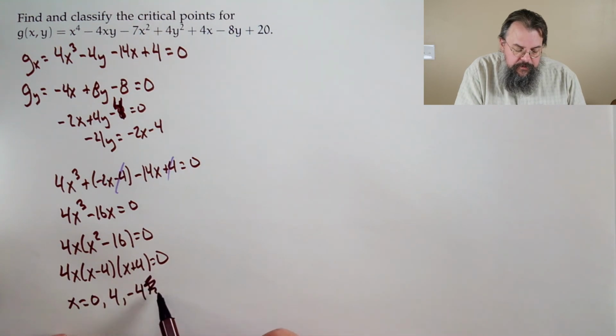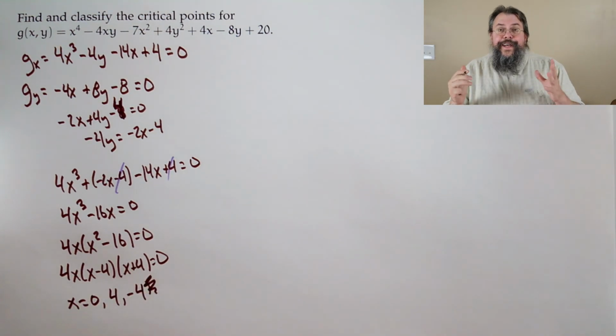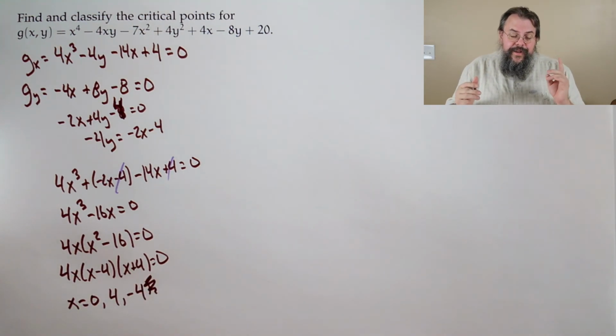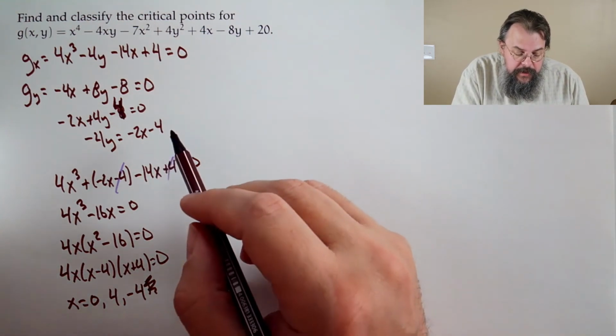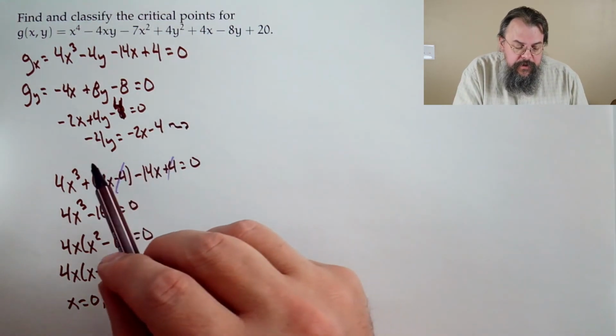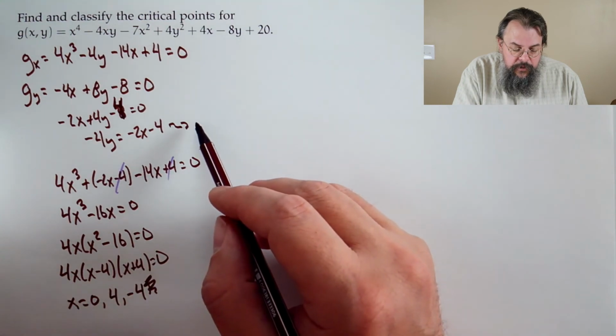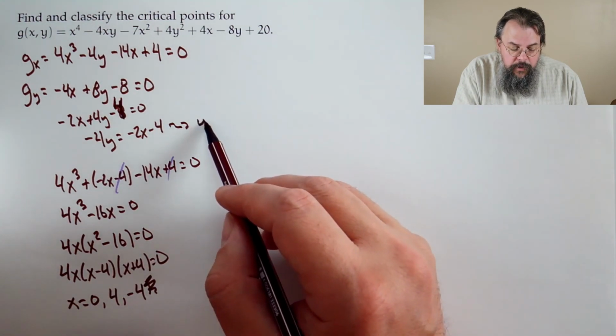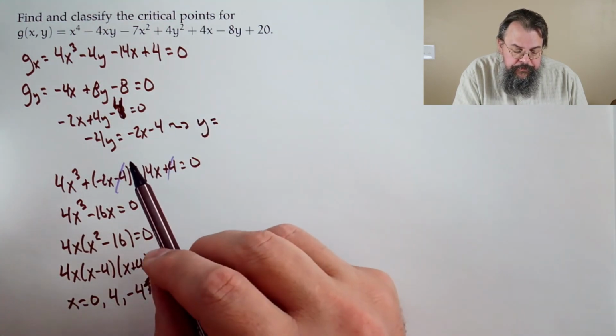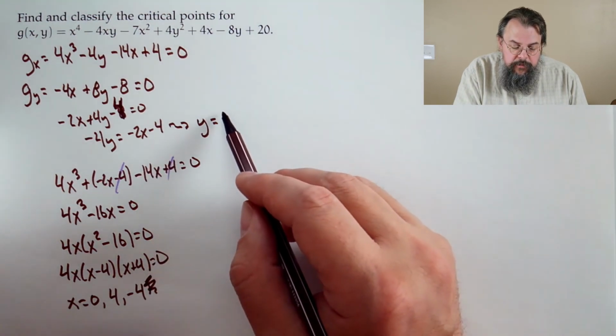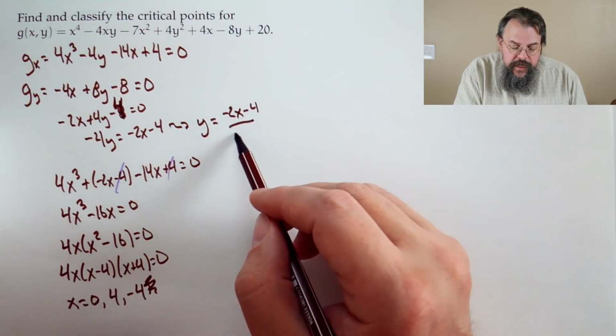Okay, 0, 4, or negative 4 for the x. Now, what is the y? Let's clean this up. If we divide by negative 4, y is minus 2x minus 4 over negative 4.